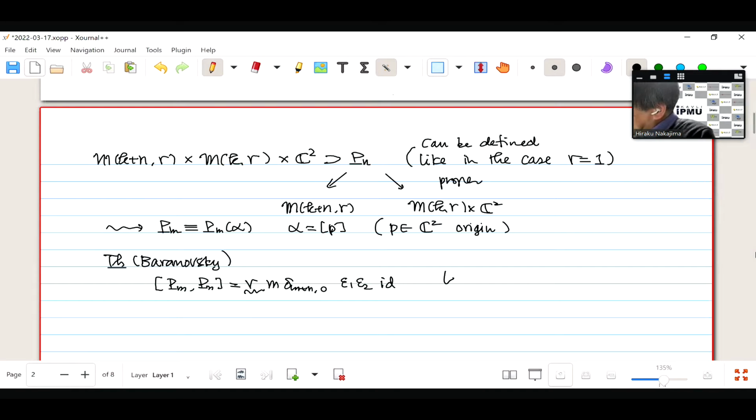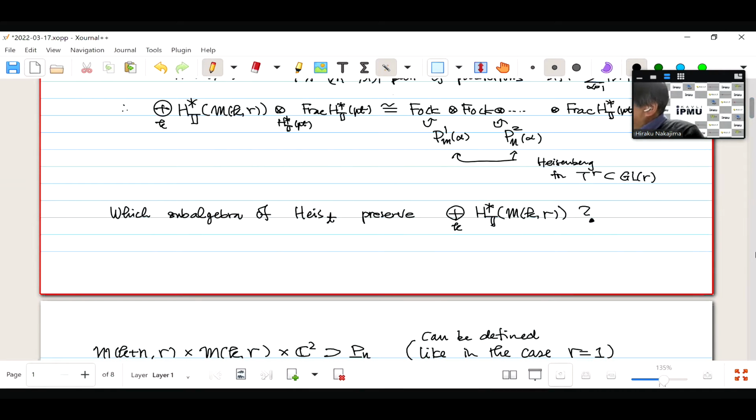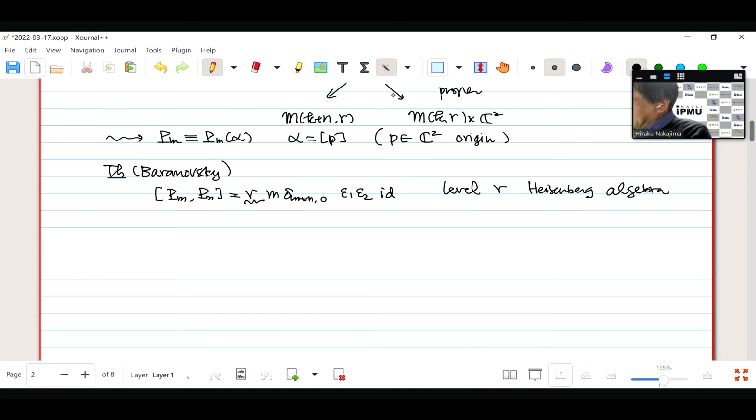So it means we get the level R Heisenberg. This needs a certain justification, but basically this corresponds to the diagonal Heisenberg subalgebra in the previous R-dimensional Heisenberg algebra. Each factor commutes, so because of that, the diagonal Heisenberg has level R instead of level 1. Okay.